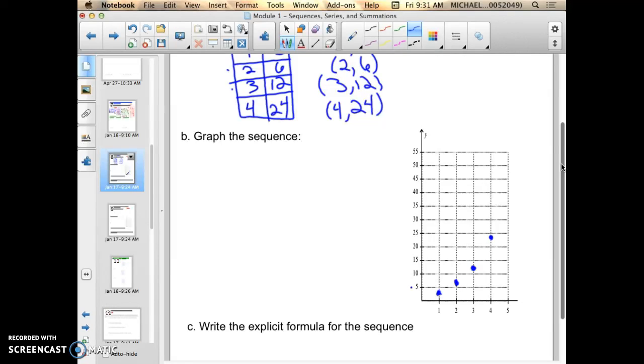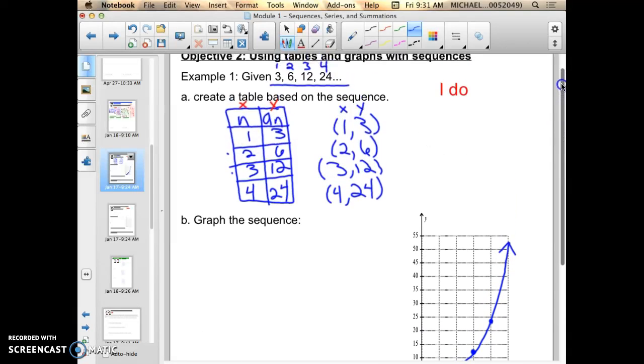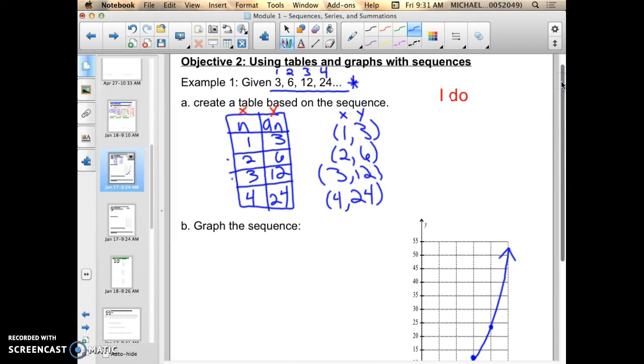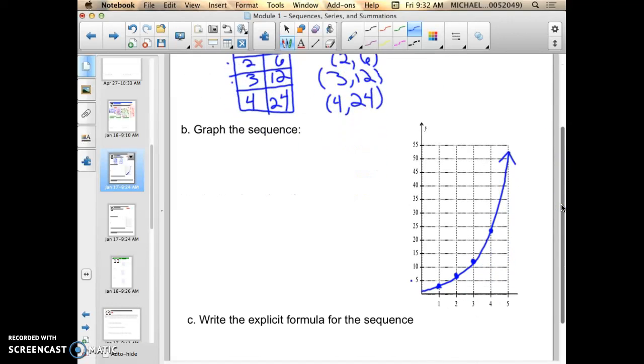Assuming we start from 0, 0 right there, I'm going to do my best to connect all of the dots, and it'll go up like so. So I have graphed the sequence. From this basic sequence, the first 4 numbers, I turned it into a table with the inputs of 1, 2, 3, 4, the outputs of 3, 6, 12, 24, and then I graphed it. So that is the graph of the sequence.